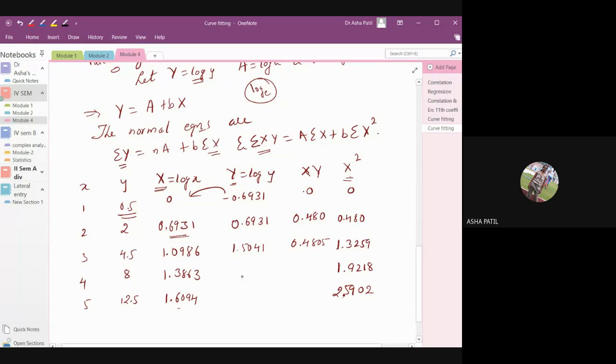Round off the values and tell me. Madam, second one. This value. Yes, ma'am. 0.4805. Then here also it is 0.4805, because you are multiplying the same one, no? X square, because x and y are same. I wrote the same values and here also that's the same.